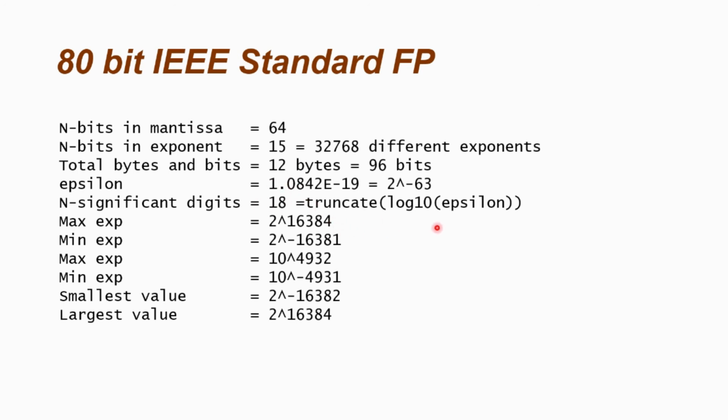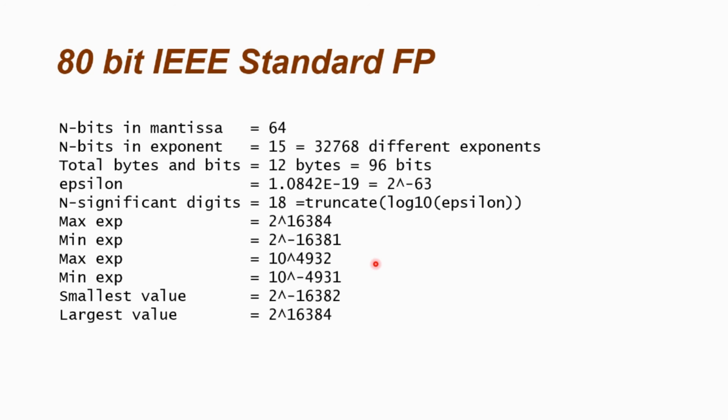significant digits. So between the 64-bit and the 80-bit, there's not much increase in the number of significant digits. It goes up from 15 to 18. Where you get a huge change is in the exponents. The exponent range now goes from -4931 to 4932, which is a huge jump from the 64-bit.